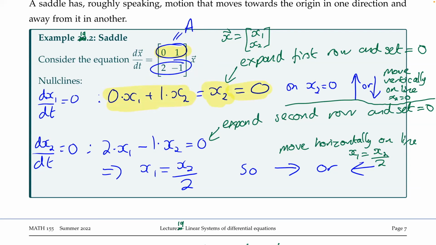And because dx1/dt is equal to 0 on that nullcline, that means that we're not moving left or right at all. We can only be moving up or down. That simplifies understanding what's going on in these phase planes, because you're not moving left or right, you're just moving up and down. So you need to just figure out which way that arrow is pointing.